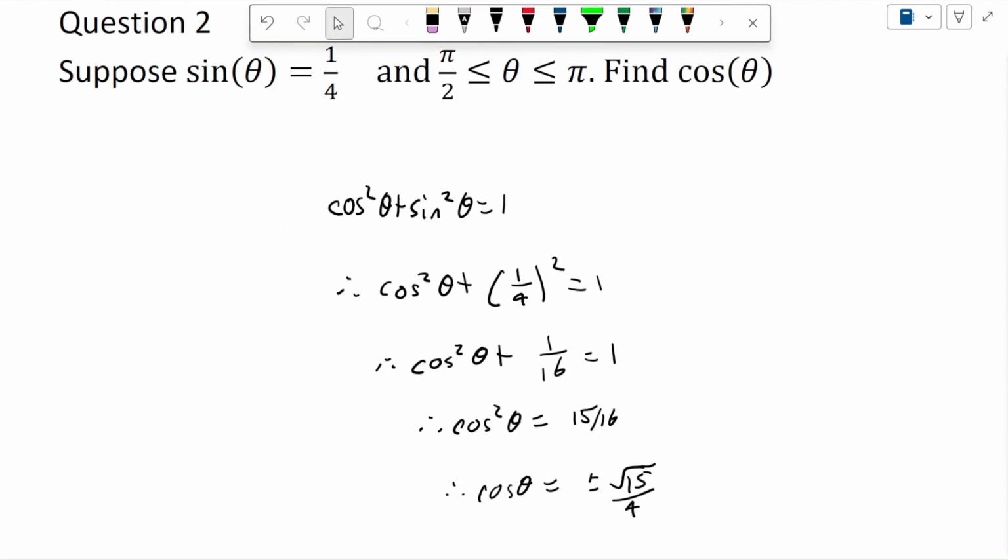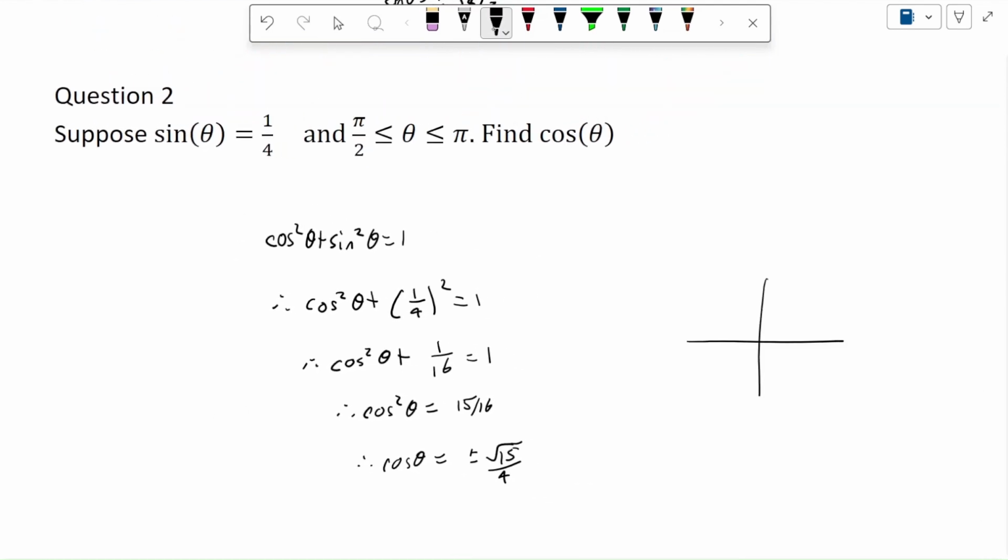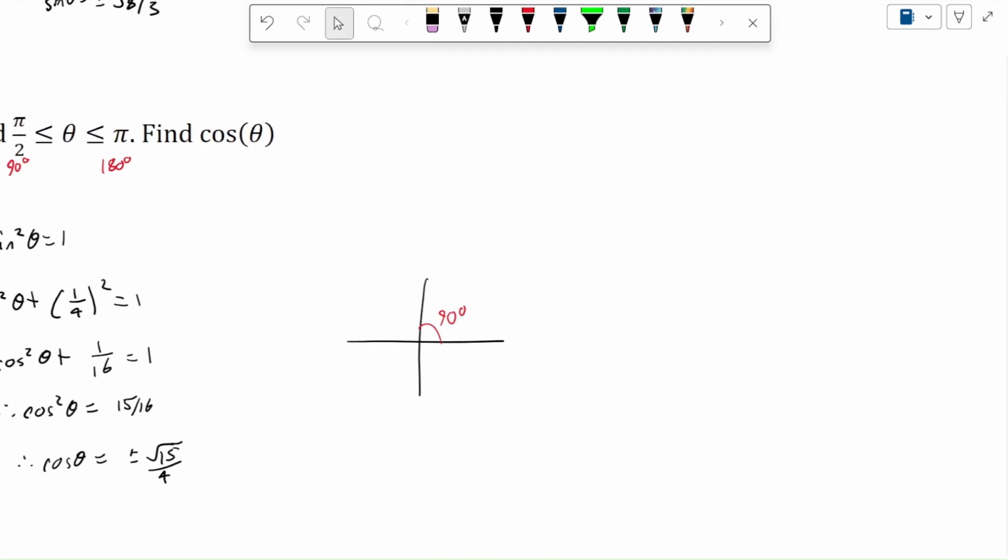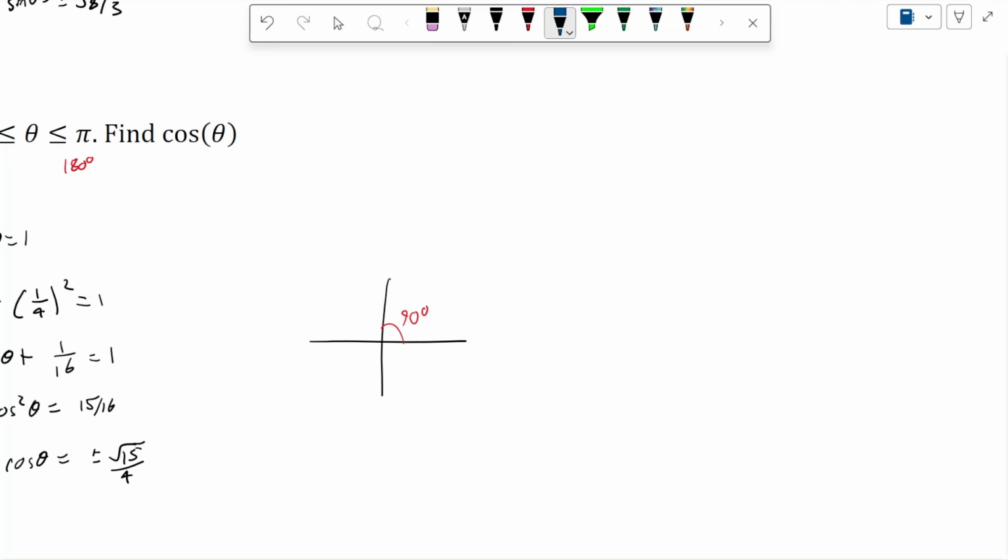All right, but they've given us an angle range. So pi over 2, if you think about it, is 90 degrees and pi is 180 degrees. So this angle would be 90 degrees there, and the blue angle here would be 180 degrees. Anything between those two angles would be this region up here.